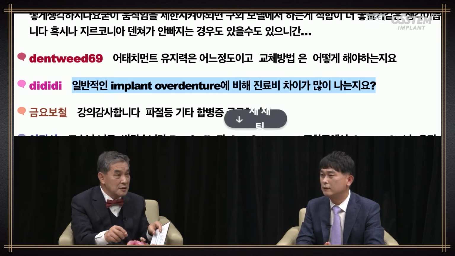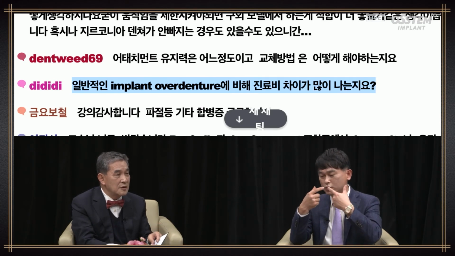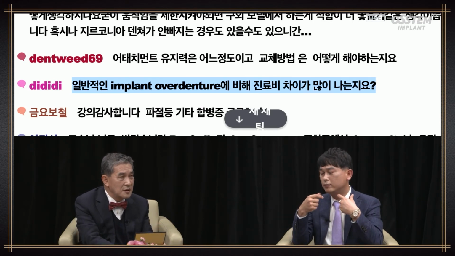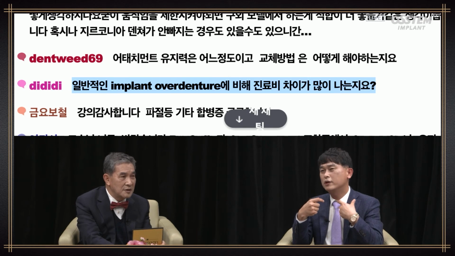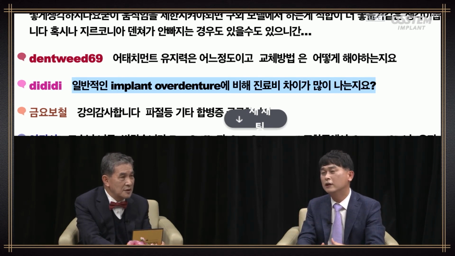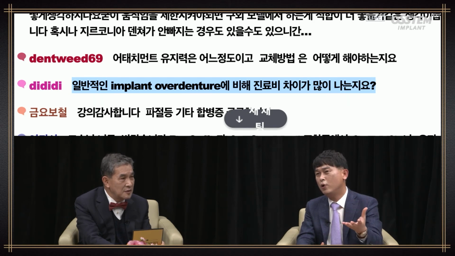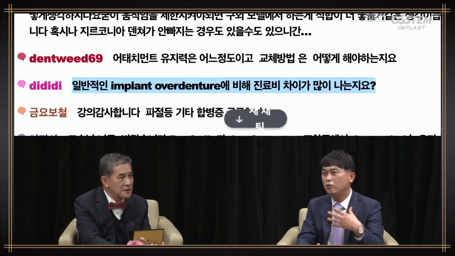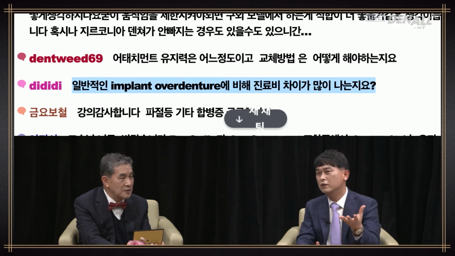I asked the lab I do business with and it said it's 1 to 1.2 million. But as I understand it, the Magic 4 from Austin is about 1.5 million won, with an additional 200,000 won for the attachment, but I'm not sure.